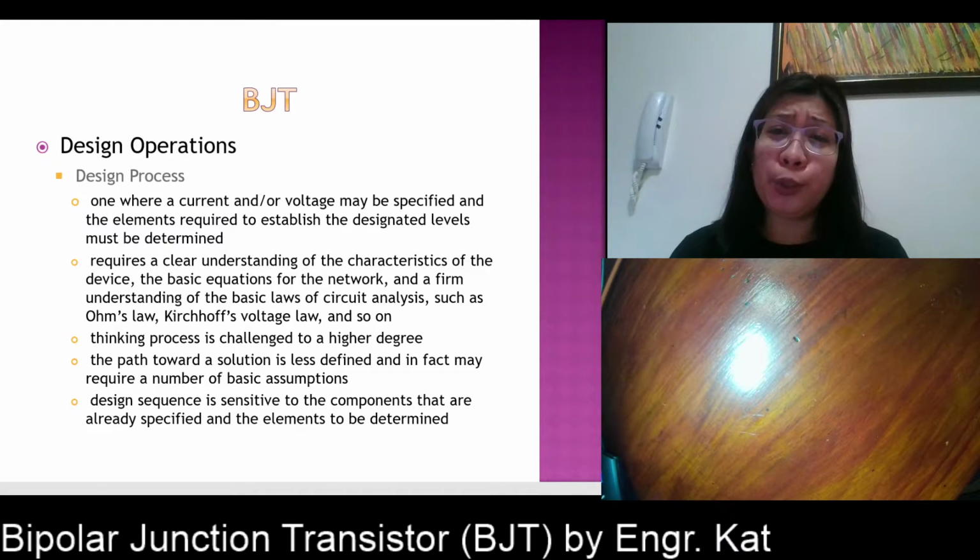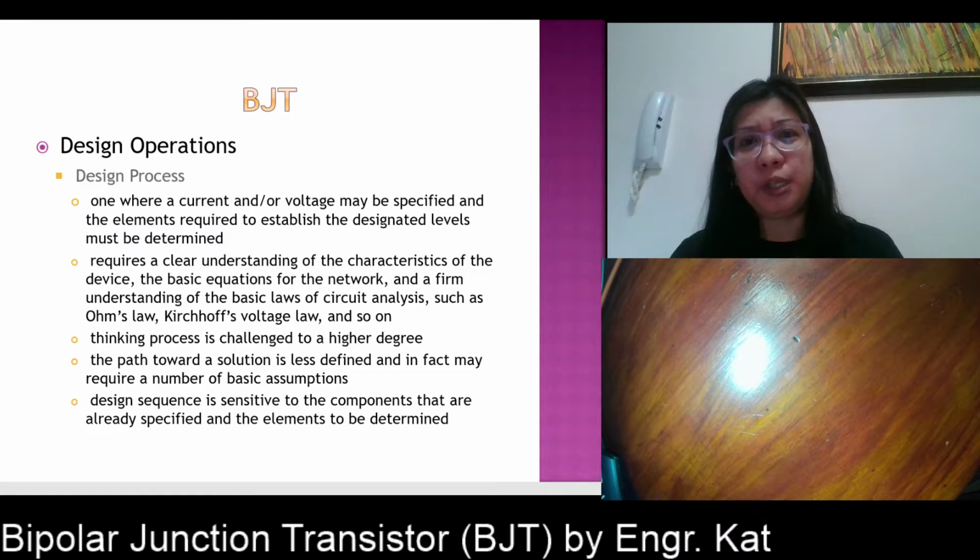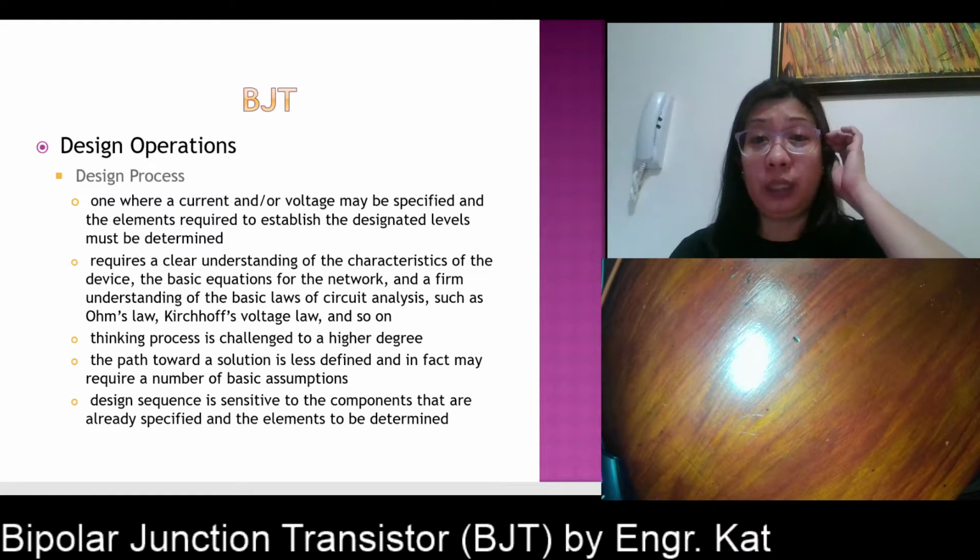We are trying to solve for VCE, the collector voltage, the base voltage, the emitter voltage, or VBC, the base to collector voltage. The difference when we have design operations is that those currents and voltages are given. We do not solve for them.